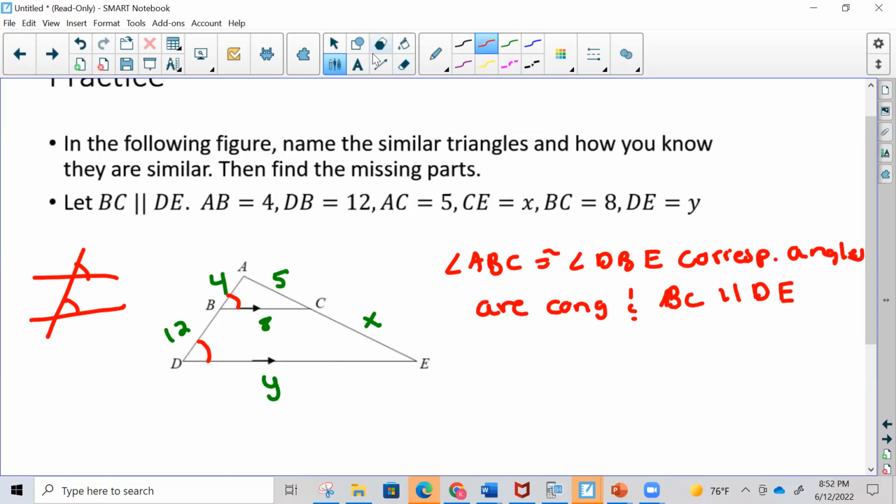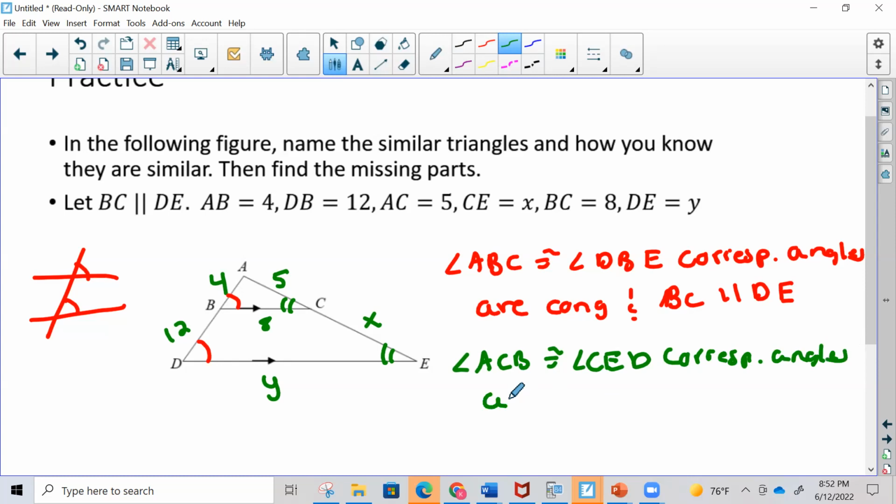We have another pair of corresponding angles: angle ACB and angle CED. It's the same reason, corresponding angles are congruent, since BC is parallel to DE.